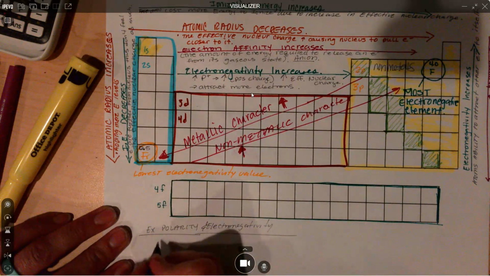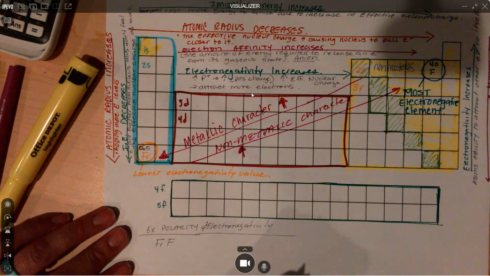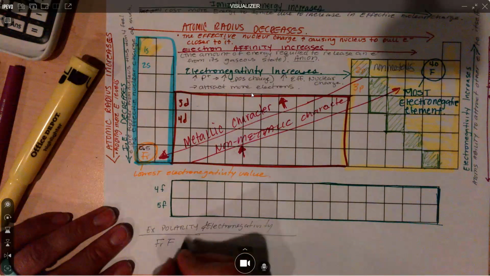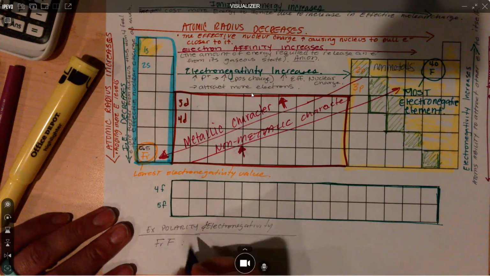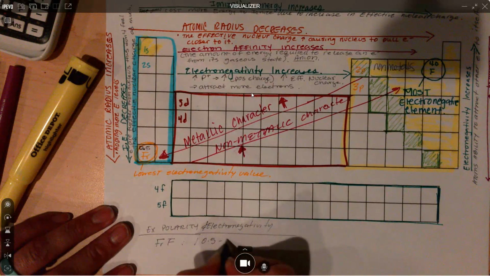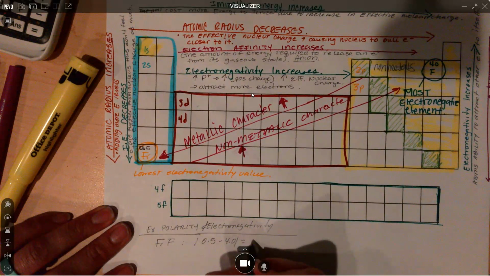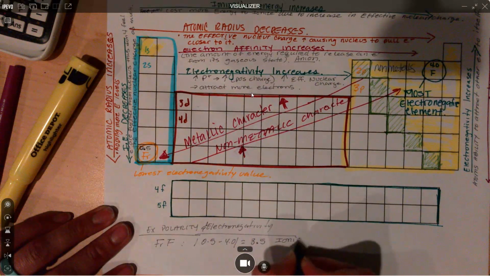If I had francium and fluorine combined together, and I wanted to know the electronegativity value of this bond, well then I would take the absolute value of 0.5 minus 4.0, which is going to give me 3.5, which means this is ionic.